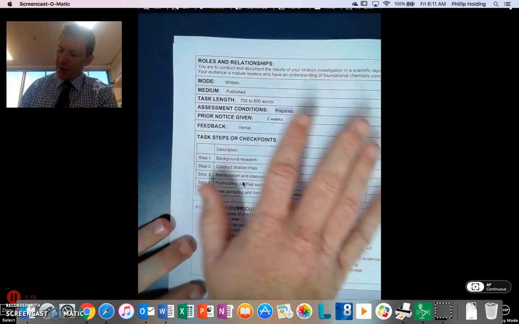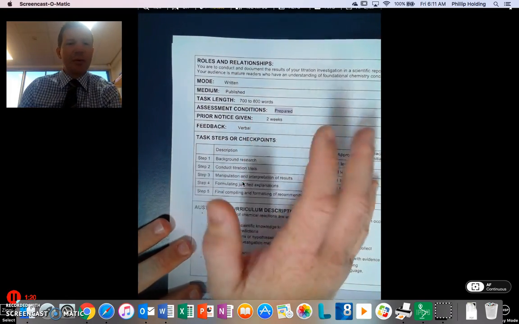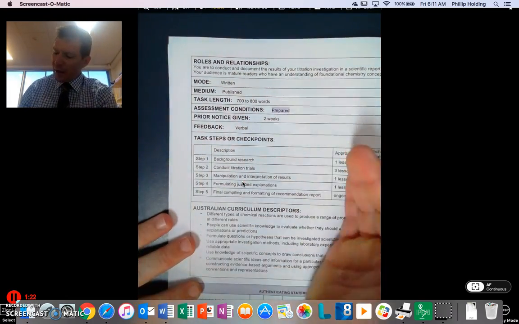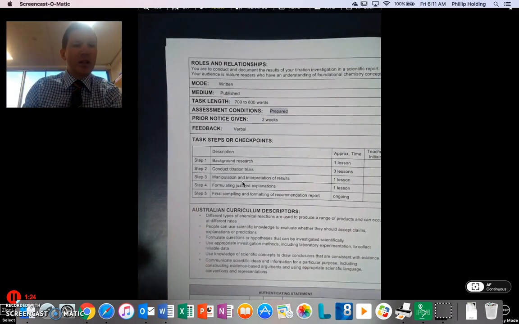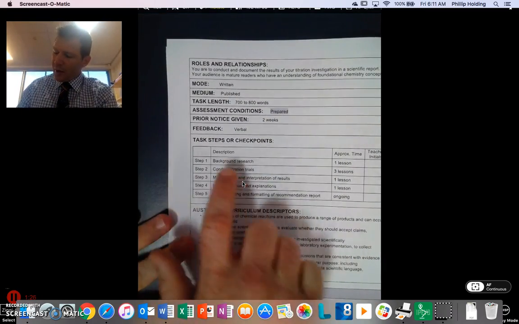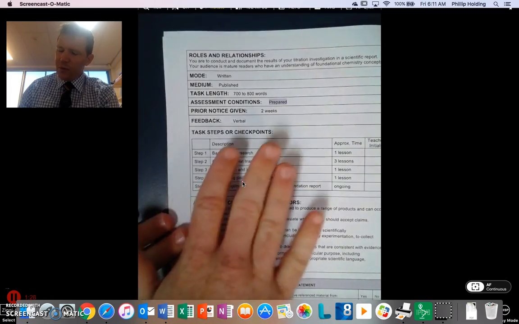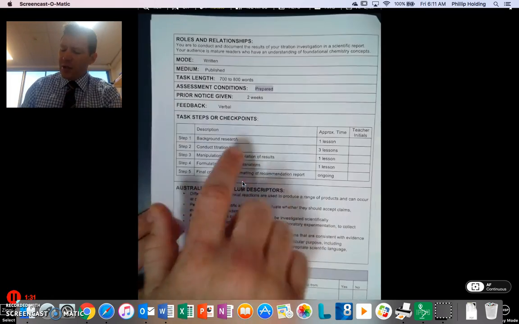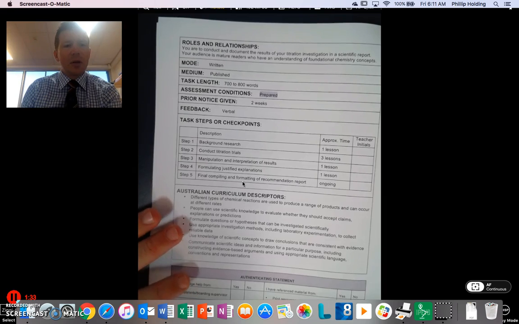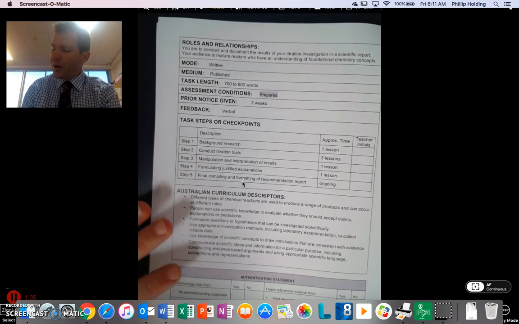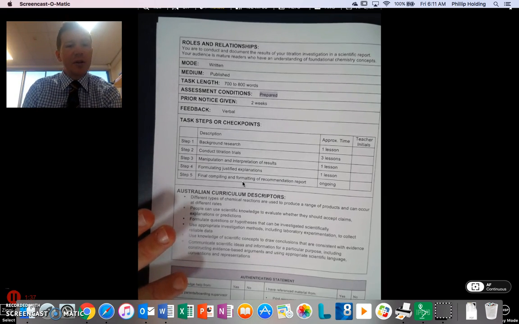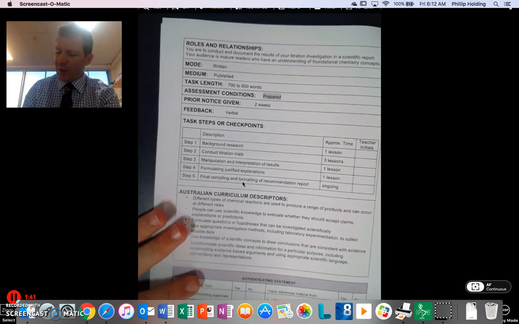Okay, so it's written, you're going to have to publish it, and it should be between 700 and 800 words. We're starting very early this term. When we do it, you'll be doing it in a number of steps. In addition to this, you'll most likely be doing a preparation lesson, a practice titration in class. Then generally you'll have a lesson on background.